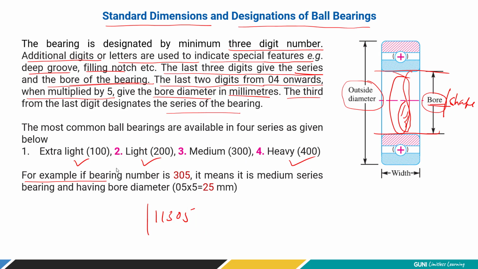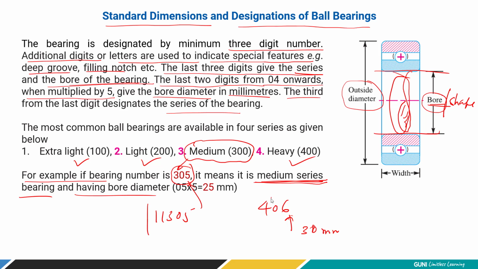For example, if the bearing number is 305, it means it is a medium series bearing, meaning the load and the dimension are medium. It has a bore diameter of 5 into 5, that is 25, because the last digit is multiplied by 5. If you take 406, you multiply 6 by 5, so 30 is the bore diameter, and because it has a 4, it belongs to the heavy series.